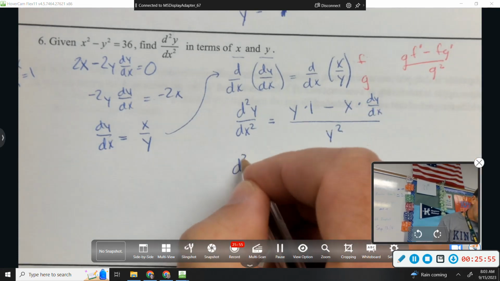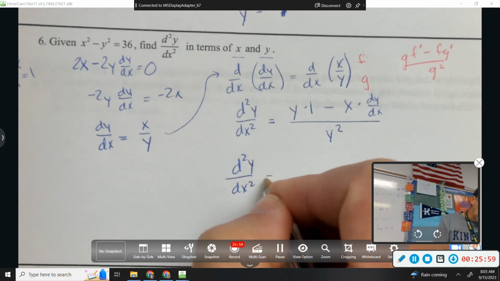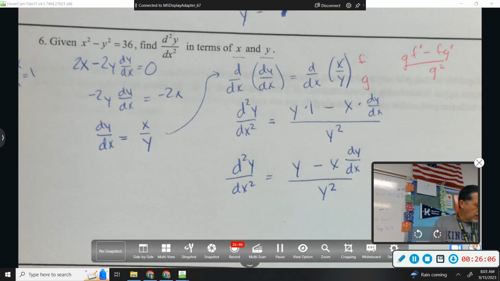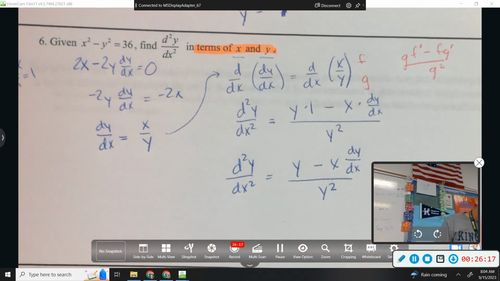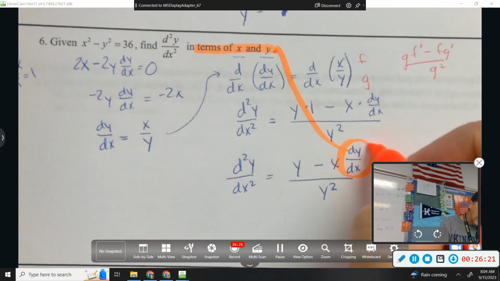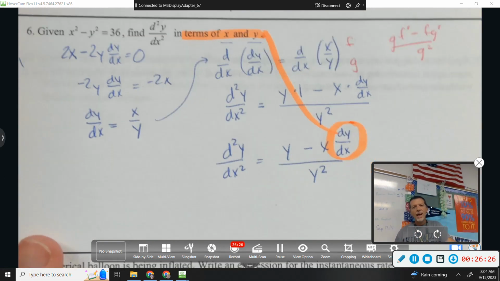Okay, so let's clean that up a little bit, which I guess is just multiplying by the 1. y minus x dy dx over y squared. That's not wrong, but my directions say in terms of x and y. That means I don't want dy dx as part of my answer. So I'm not wrong, but I'm not giving what they ask for.